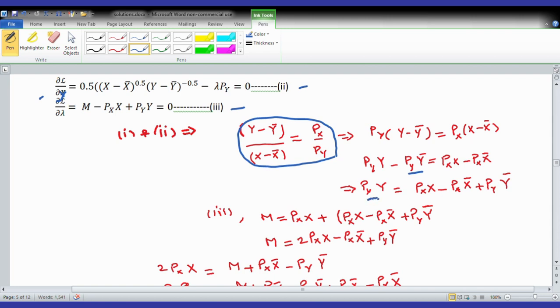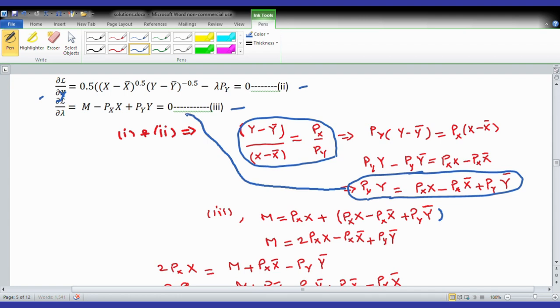So I have py y on the left hand side, and I could have solved this equation for y, and if I had done that, I could have obtained the marginal demand function for y, but I did something else. Once I had obtained this equation, I plugged this py y in the third equation.